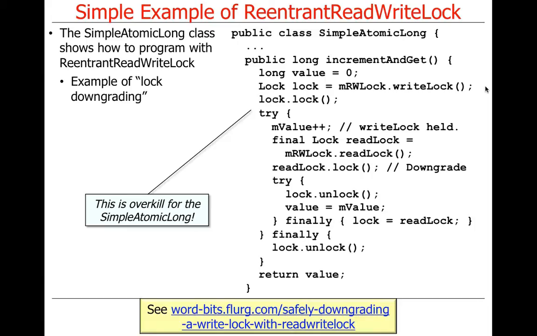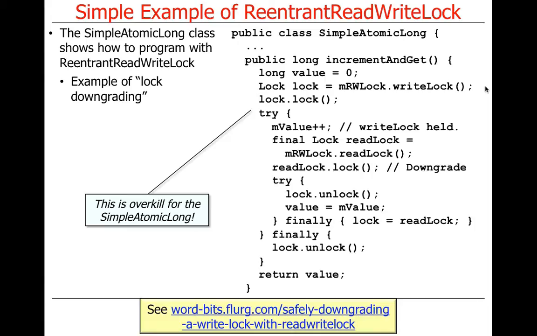And the reason we're doing this is because this call here, where we're going to read the current value and then eventually return it, doesn't have to be done with the write lock held. Reading the value doesn't require a write lock. But we never released the whole thing entirely. We just downgraded it. And then we do a little sleight of hand.